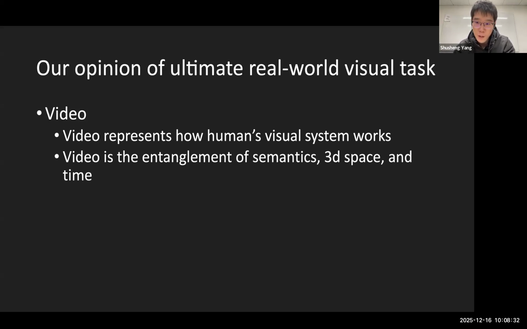If we look at one certain frame, we can say there are some objects or something is happening. So it's basically semantic information. And if we look at a sequence or a clip of video, then we will say the video is happening inside some 3D space. And the video is about time.